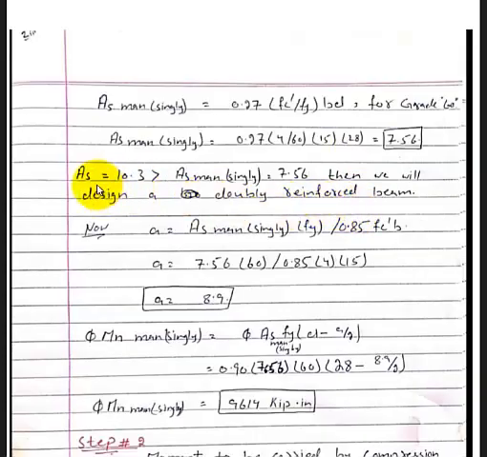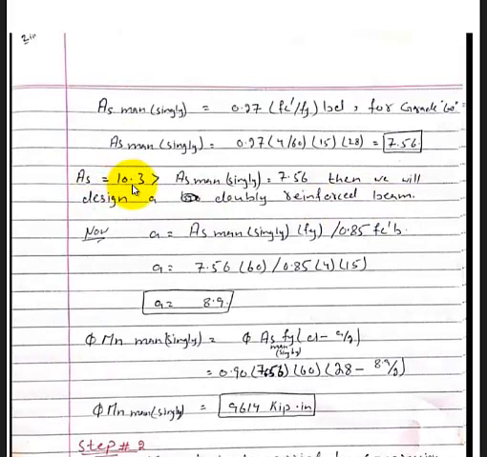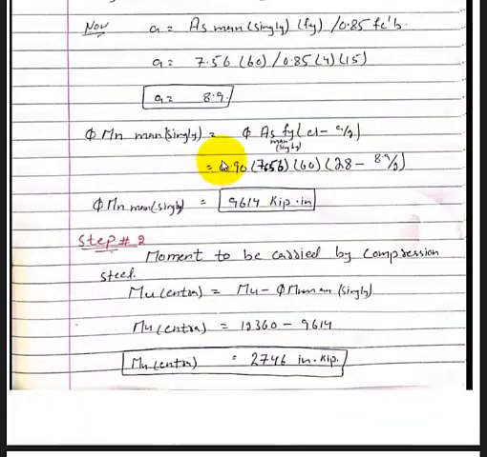Now checking, if the area of steel is greater than the area of steel maximum singly, which is 7.56, then we will design a doubly reinforced beam, because the requirement is that it must be less than this area. If it comes greater than this, it means that we will design a doubly reinforced beam.